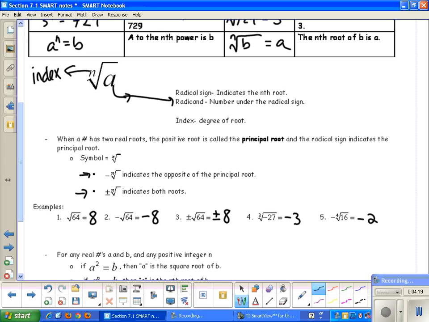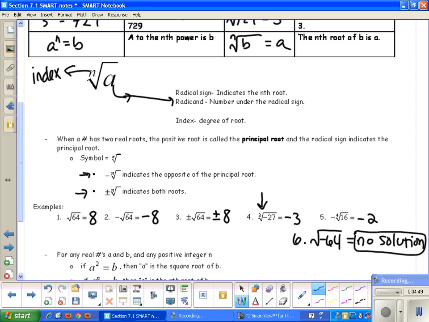Now if I do another problem, which is on your page, if you have the square root of negative 64, that would be no solution, because we cannot take the square root of a negative number. However, if you have an odd power, you can have a negative underneath, because I know that negative 3 times negative 3 would be positive 9, and positive 9 times another negative 3 would give me negative 27.